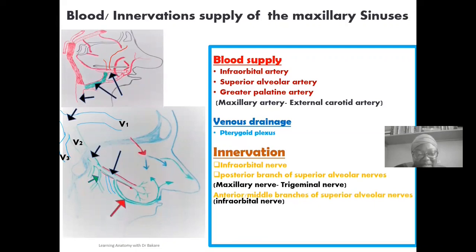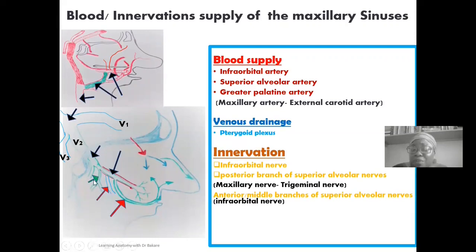And this is what we have here. This is the anterior branch, this is the middle branch. So if you look at this configuration, you see that the anterior and the middle branches of the superior alveolar nerve are from the infraorbital nerve. And the infraorbital nerve, of course, is a branch from the maxillary nerve. But the posterior branch of the superior alveolar nerve is a direct branch of the maxillary nerve.